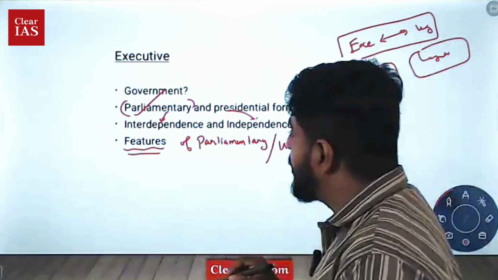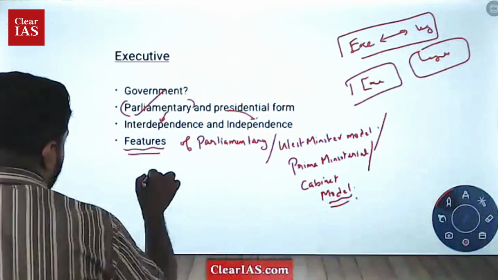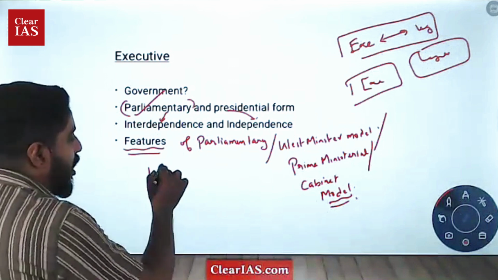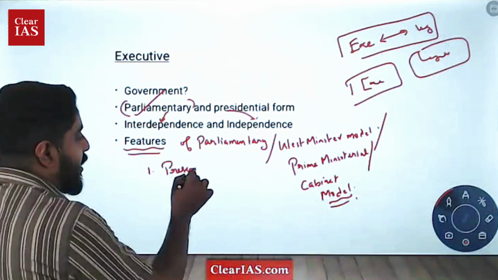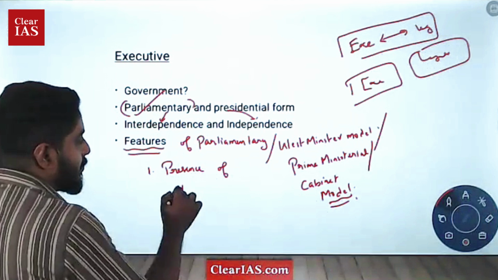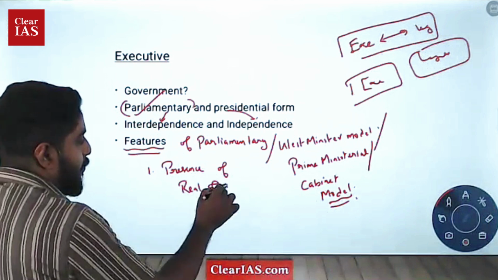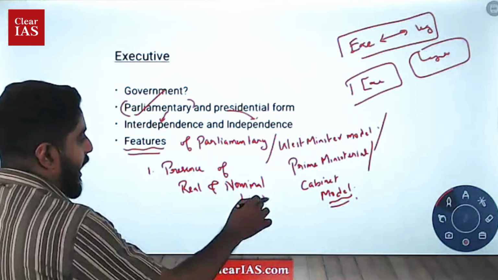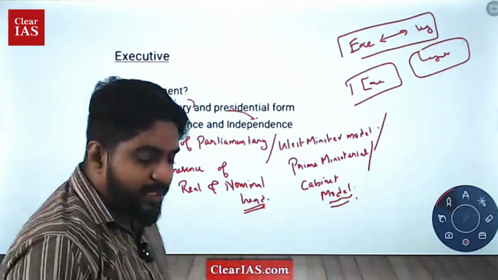Now, what are the features of the parliamentary model of government? Number one is presence of real and nominal head. What does this mean?